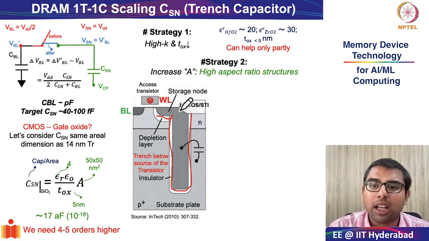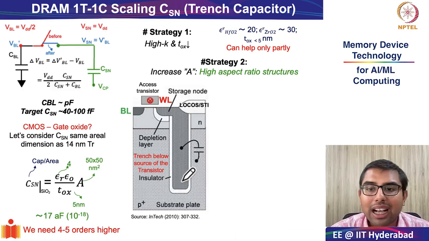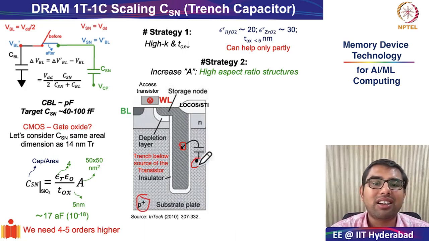Once you do that, the trench is next filled with your inner electrode. So you see this is your inner electrode. This inner electrode consists of heavily doped polysilicon. So finally, this becomes one terminal of your capacitor, and this common substrate, P plus doped substrate, becomes your other capacitor terminal.